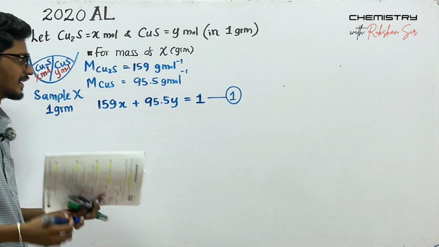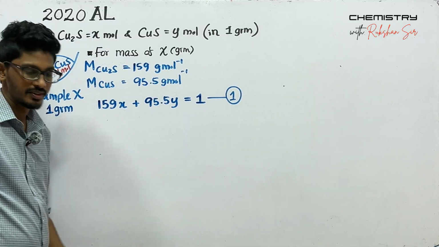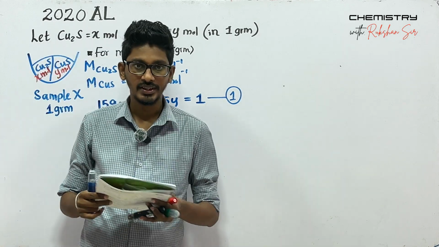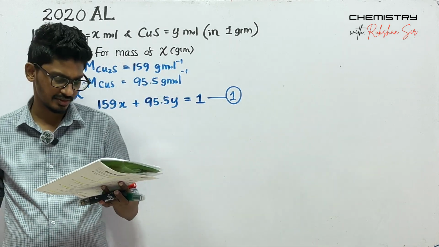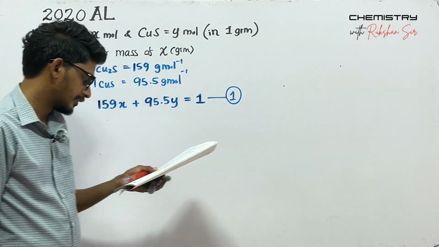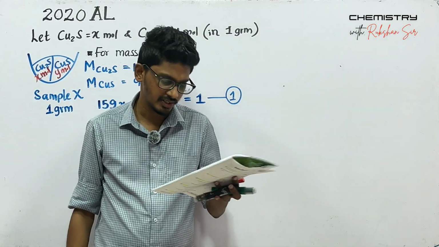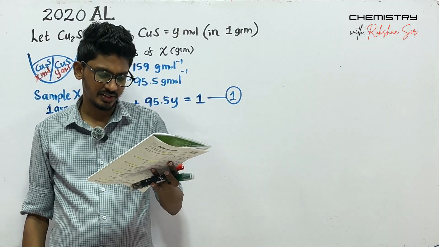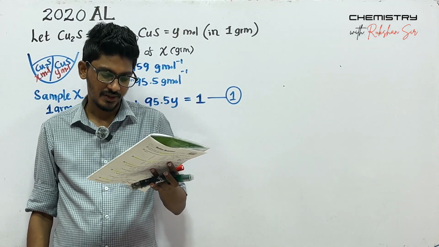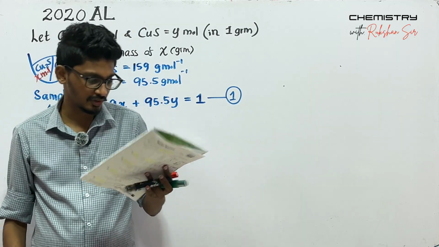So we need to come up with another simultaneous equation to completely solve for these two unknowns. Let's go through the procedure to come up with the second simultaneous equation. See what they are saying. They are saying that a 1 gram portion of X was titrated with 100 cubic centimeters of 0.16 molar KMnO4 in a dilute H2SO4 medium.